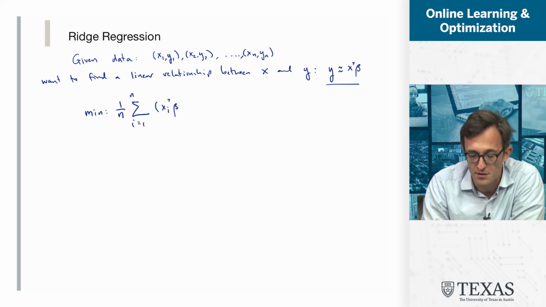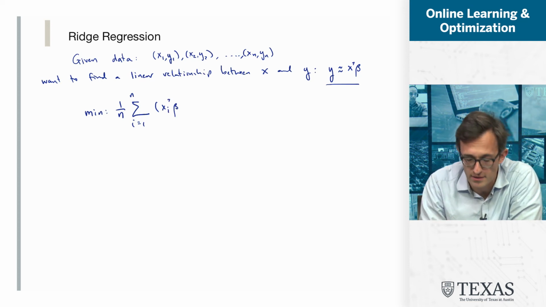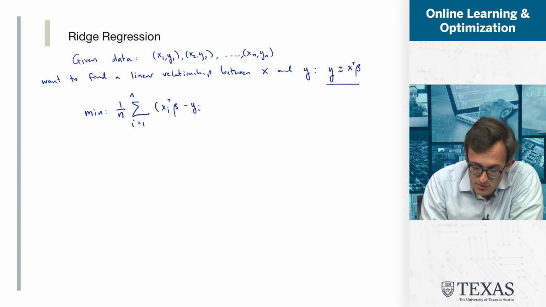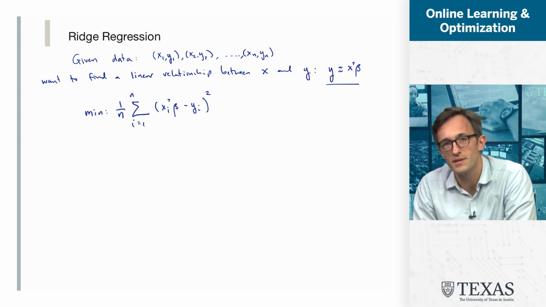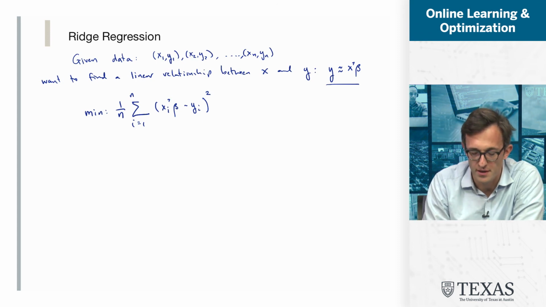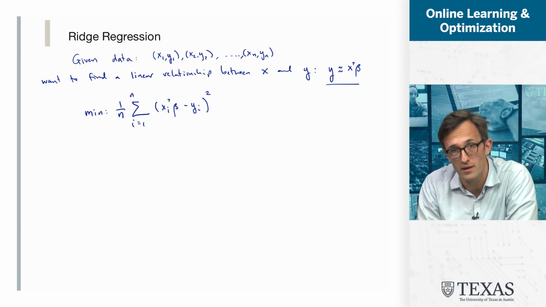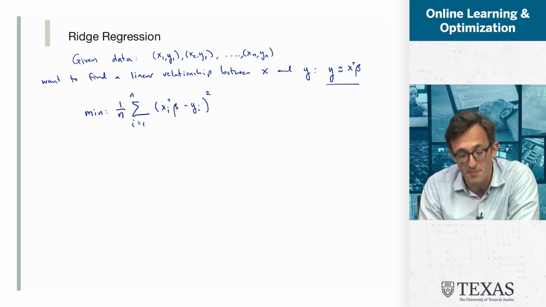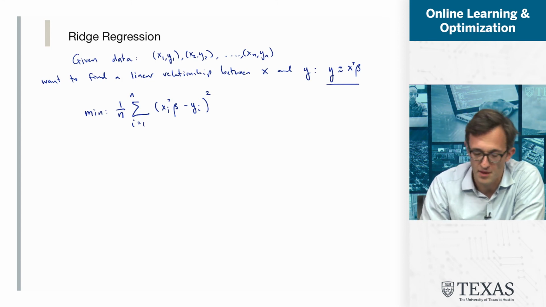This is the fit that I'm trying to find, and I'm going to compare it to the actual data point. Now, if I stop here, this is what's called the ordinary least squares problem. So I'm trying to find a beta in order to match my data x and y in a linear way, and I'm trying to do so in a way that minimizes the sum of the squared errors. But this isn't ridge regression.